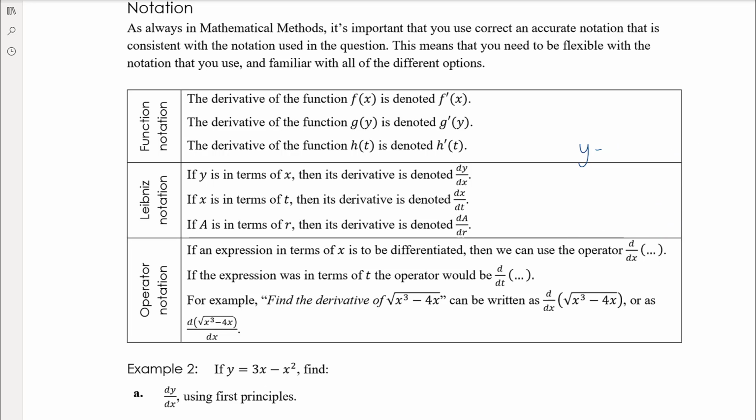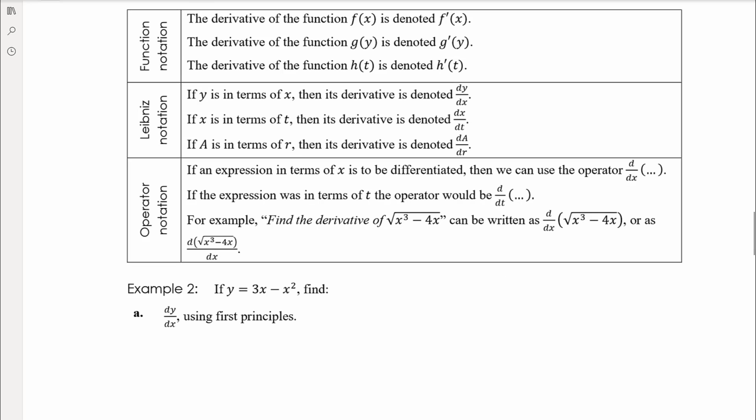Alright, then we've got a third notation that's also really important. If you don't have an equation or a function, you're simply being asked to differentiate an expression, then it's not going to be equal to f dash x or dy dx. So we want to be able to have a notation that allows us to talk about derivative as an operation. And so if we have an expression in terms of x that is to be differentiated, we use this operator d dx, and then a bracket. So essentially I'm talking about the sort of question that might say, find the derivative of that.